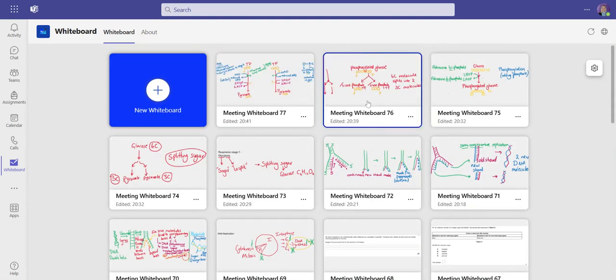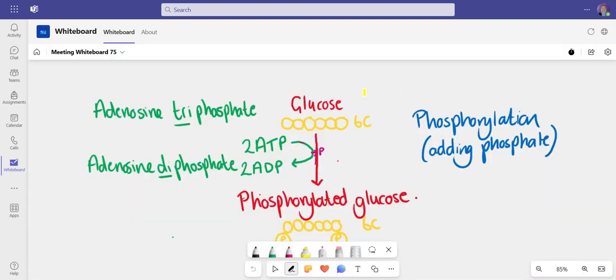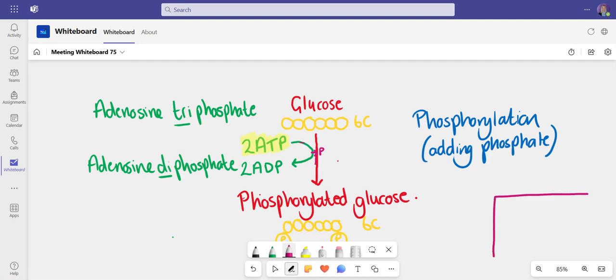So if we go back to the first one, just to recap, we started with glucose, and in this stage here, we actually used up two ATPs. So that stage there, if we just write it in the corner here, we're actually on minus 2 ATP on that stage.